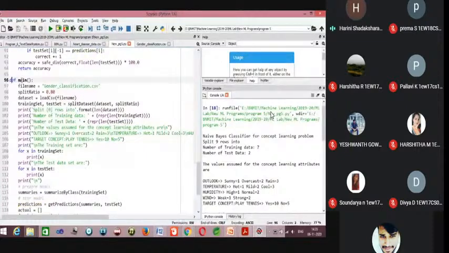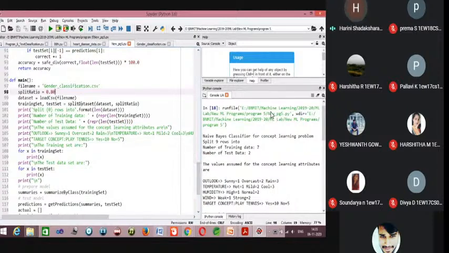We had not seen a main function in any of the programs till now. I included it here so that you will learn different types of syntax. The split ratio is given as 80%. 80% out of 9 gives 7 point something or 6 point something, which will be rounded to 7. The remaining 2 are for testing.